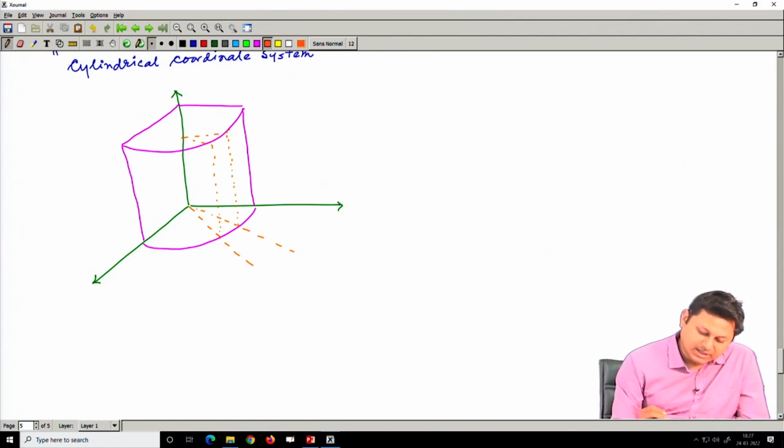What I am doing is I am making a volume element here first.